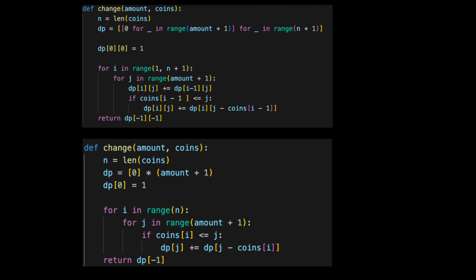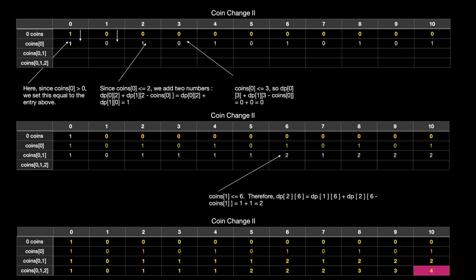My Python code for that problem. If you notice, I actually have 2 versions. The first one uses a 2-dimensional dp matrix, and the one below is just an array. You don't need to have a 2-dimensional dp matrix.